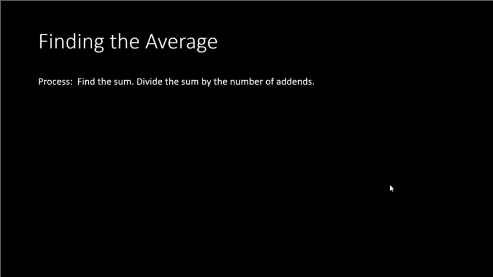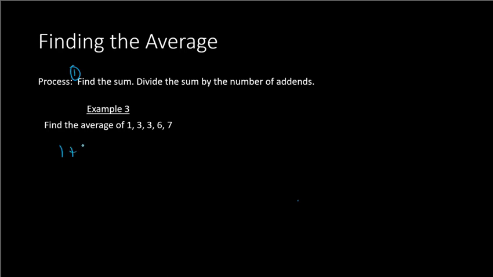Let's try one more example. So for example 3, here we're trying to find the average of 1, 3, 3, 6, and 7. Alright, so now we have 5 different numbers, and here, remember step 1 is find the sum.